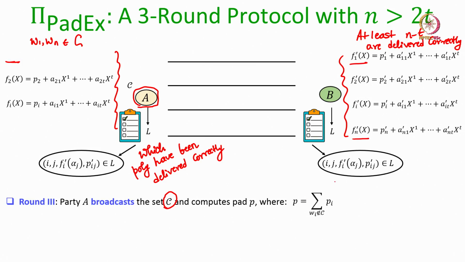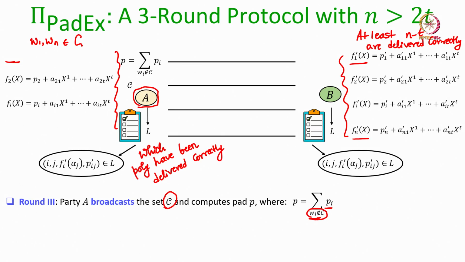So, party A ignores them, and now based on the remaining polynomials which party A knows have been delivered correctly to the party B, a pad is computed by the party A, and that pad is basically the summation of the constant terms of all the polynomials which were delivered over the wires which are not in the set fancy C.